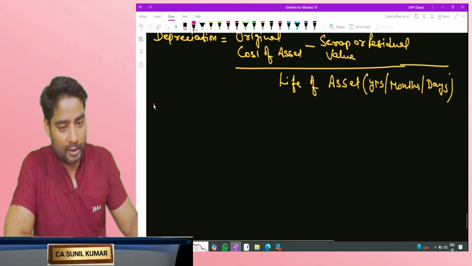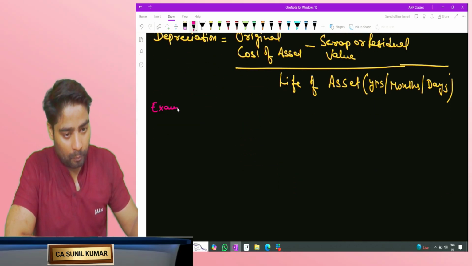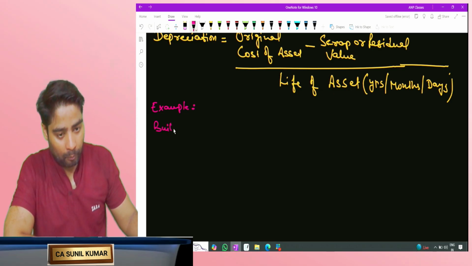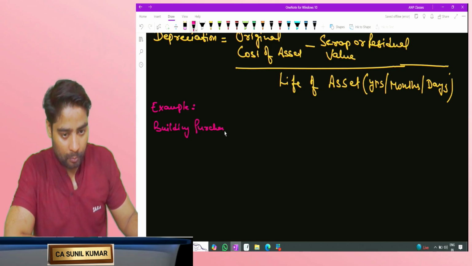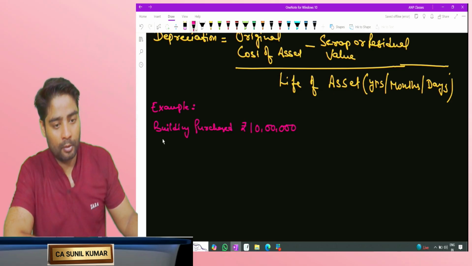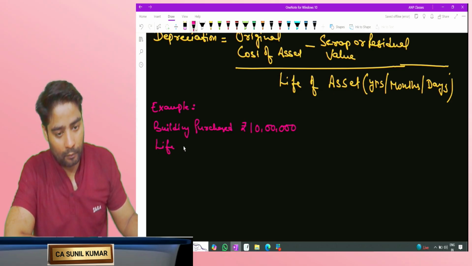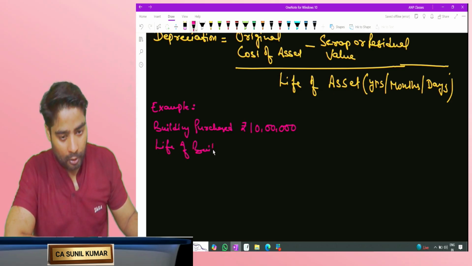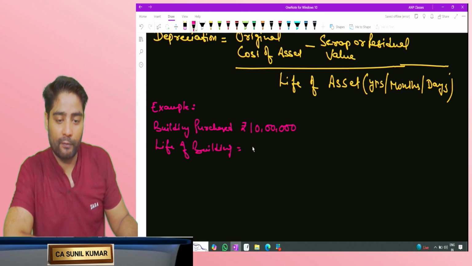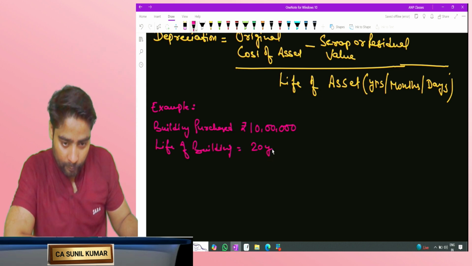Okay, let us take an example. Write down, building purchased rupees 10 lakhs. Life of building, the builder said that life of building will be 20 years.